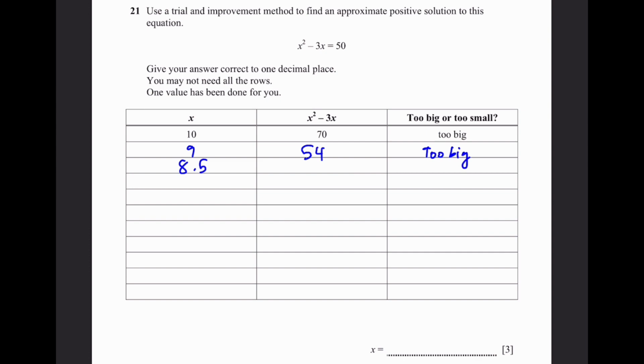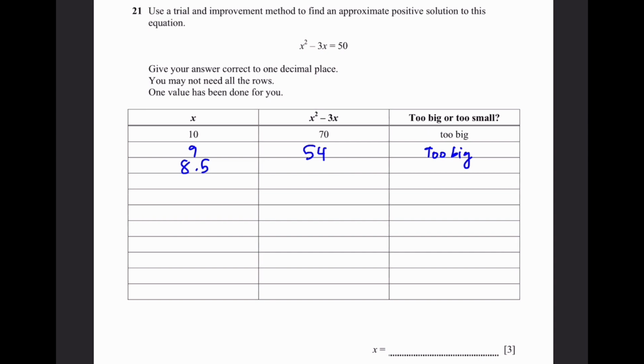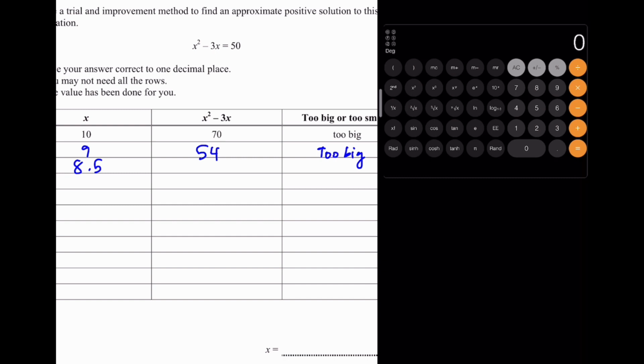Okay, we'll go for 8.5. Let's use a calculator. 8.5 squared minus 3 into 8.5. We get 46.75, which is too small. Next number, we'll take 8.7 actually.